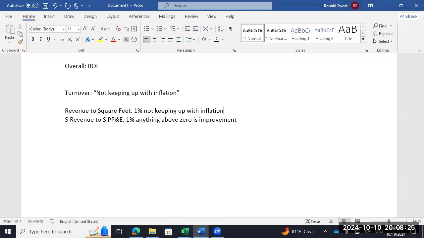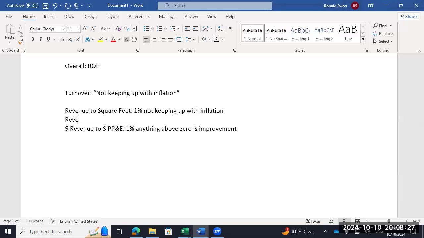Okay. What about revenue to employees? What if that's 0.35% like we saw with Netflix? Can you say that's not keeping up with inflation? Are employees in dollars or are they in units? Units. So there you say not keeping up with inflation.